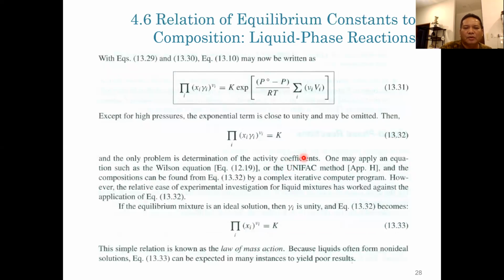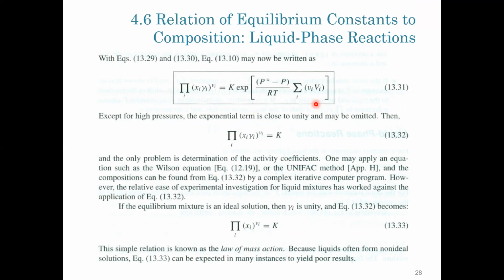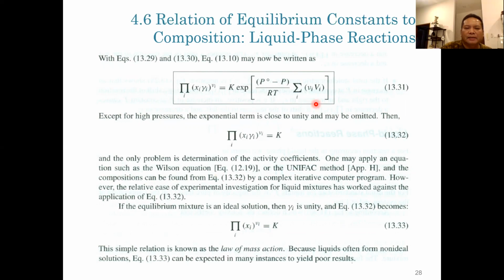So for liquid form, we can use this equation here, except that at high pressure the exponent term is close to unity and may be omitted. What does it mean? It means that in exp of P minus P naught, when pressure is very high, what will happen here?